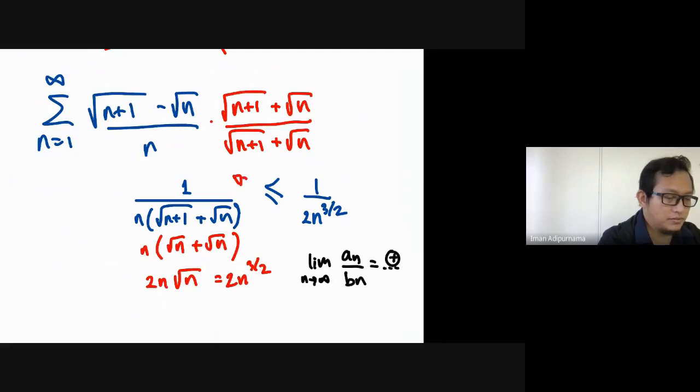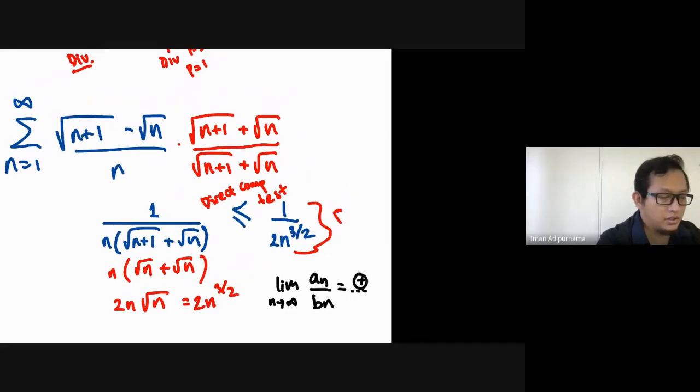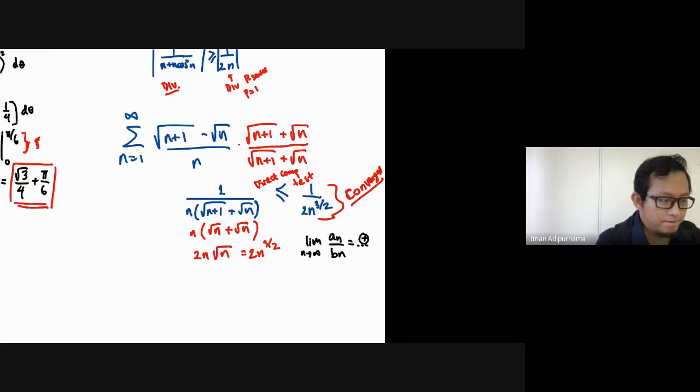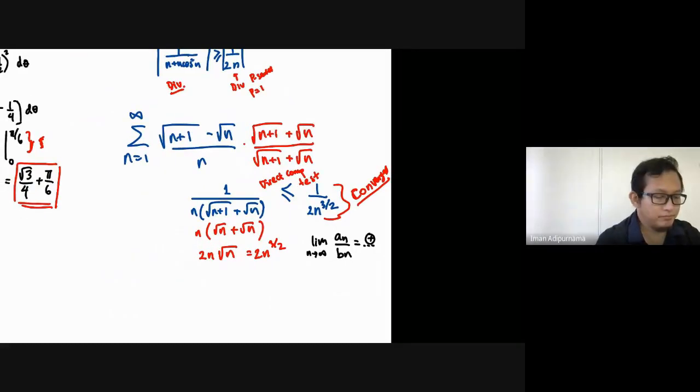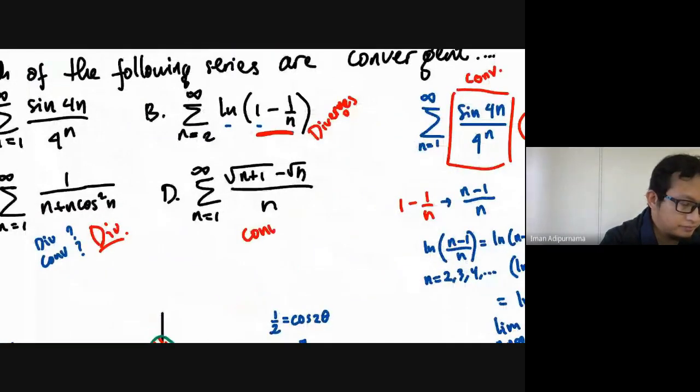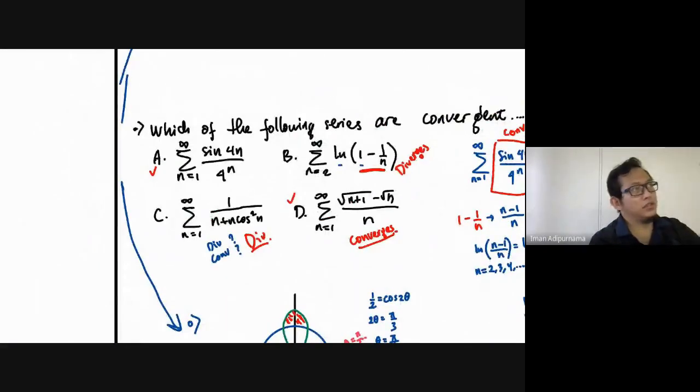So this is the direct comparison test, in which this b is converged, right? So this is converged. So the answer is A and D.